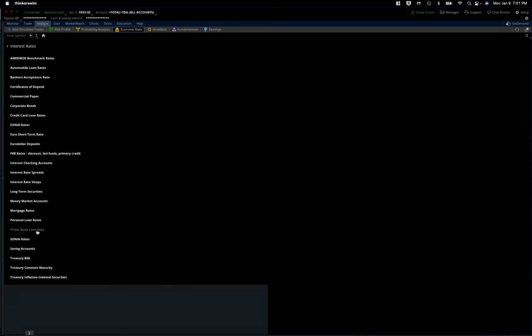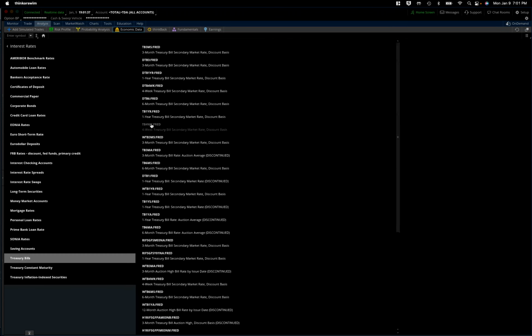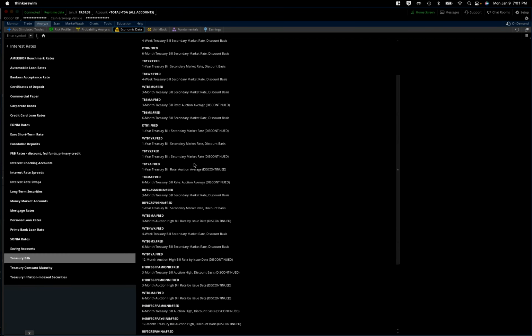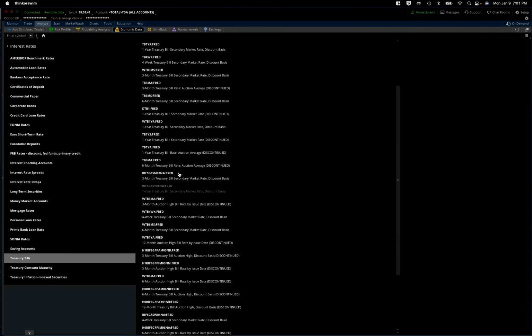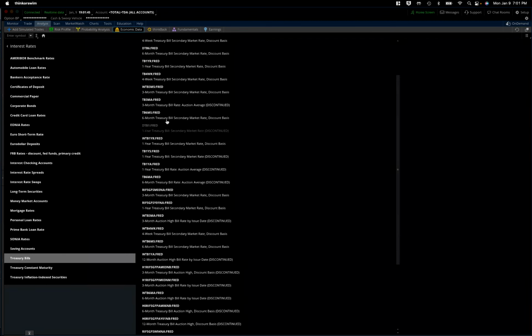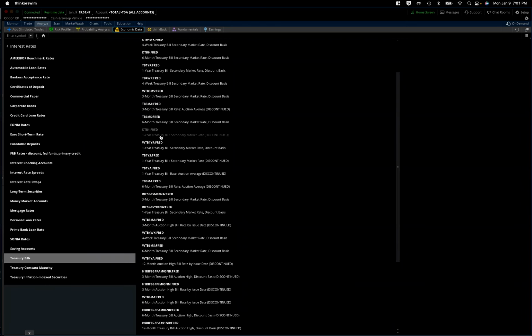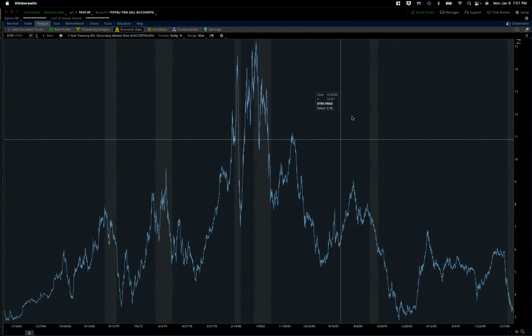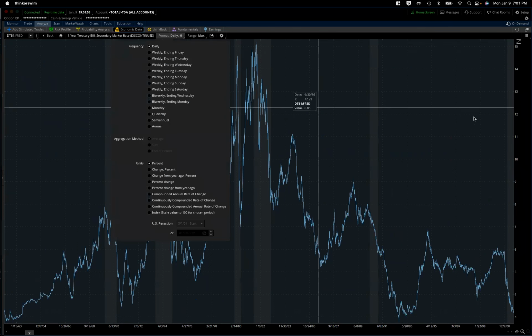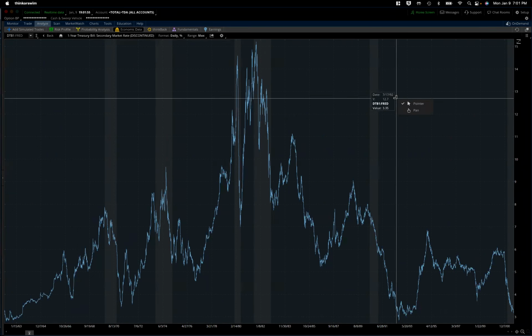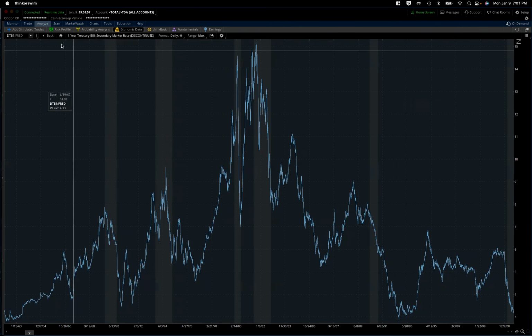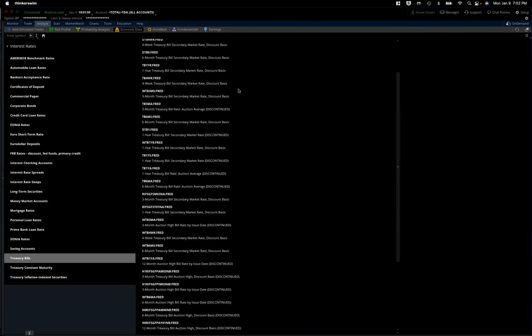I actually haven't really looked at this. Treasury bills. We can just look at the 10-year. Actually, we'll look at the 1 year because that's probably a little bit more representative. Let's look at this. Oh, wow. This is the rate. This isn't what we want. I don't want to go too far down this path.